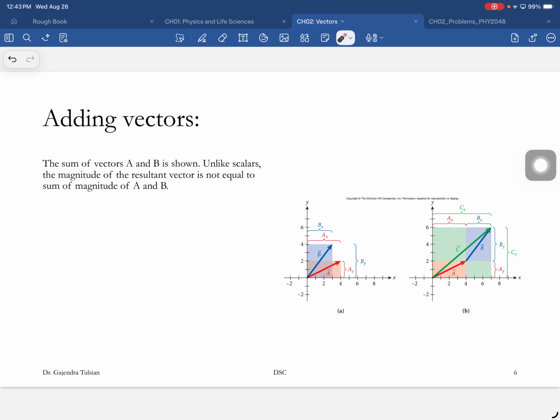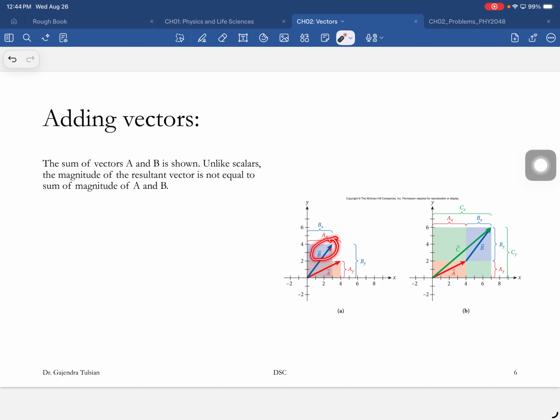Now, what we want to learn is how to add and subtract vectors. We'll show you how to graphically add vectors. This is good to understand. Here's a vector A and a vector B, and we want to add the two.